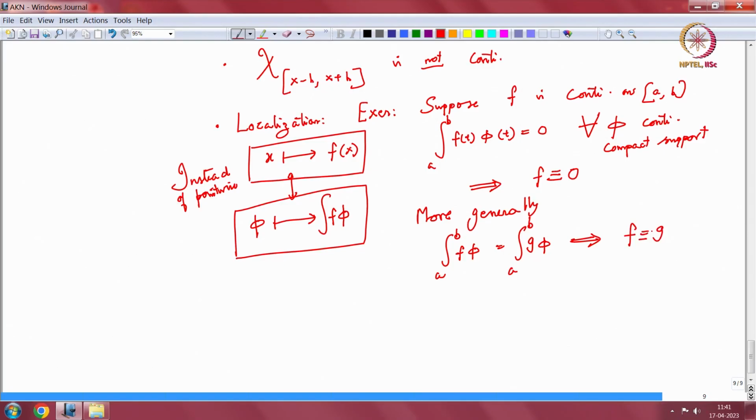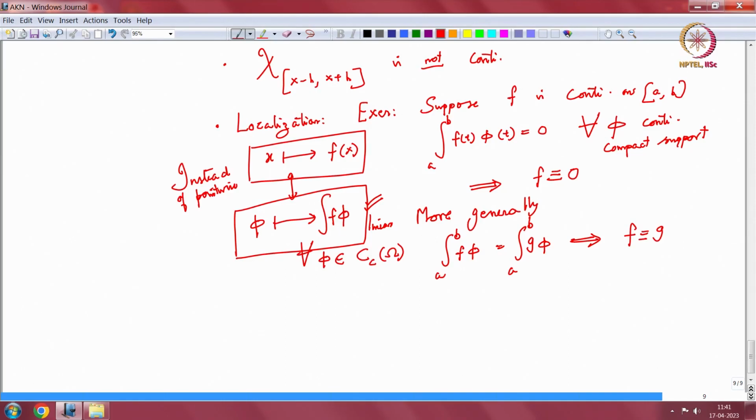What I am trying to say is that you can recover your functions by understanding these quantities as an operation, and this association is going to be linear, for all phi in continuous functions with compact support, since those notations are already introduced.